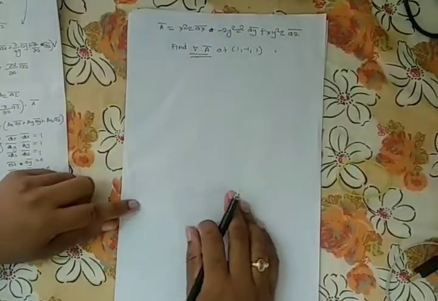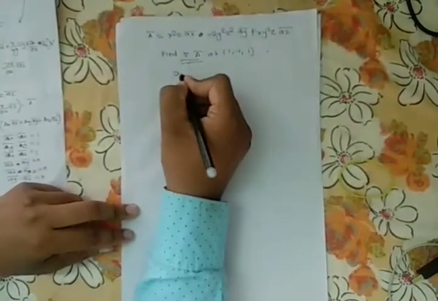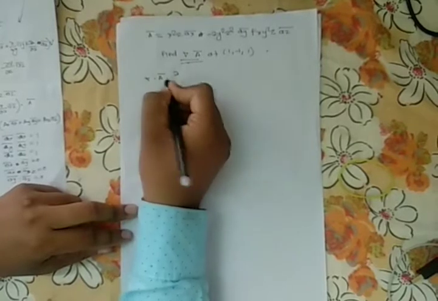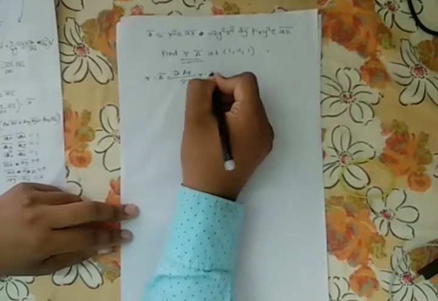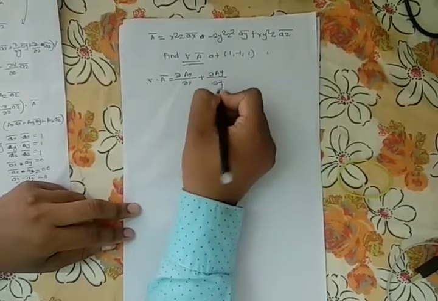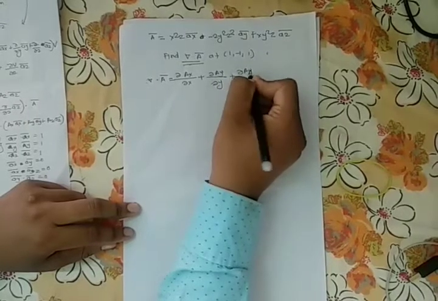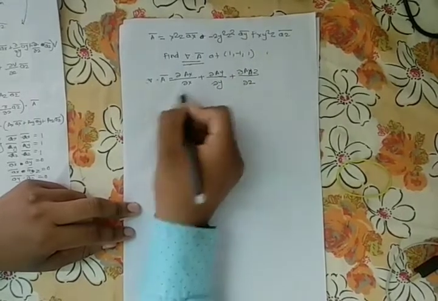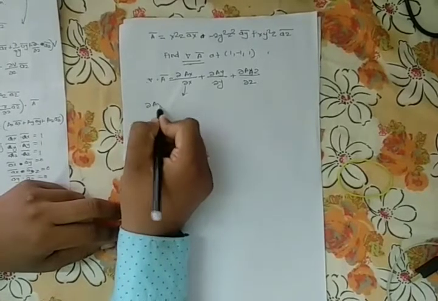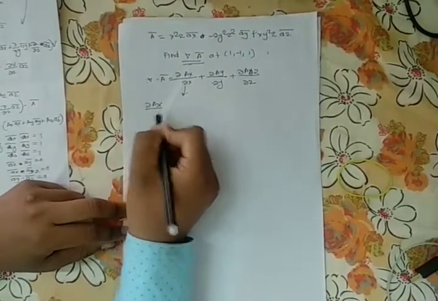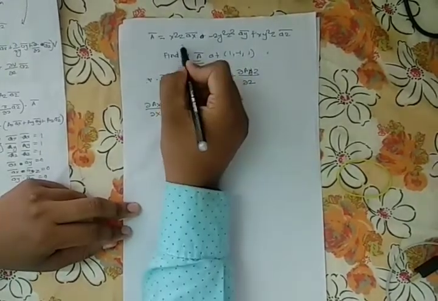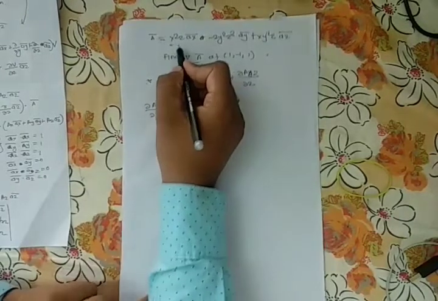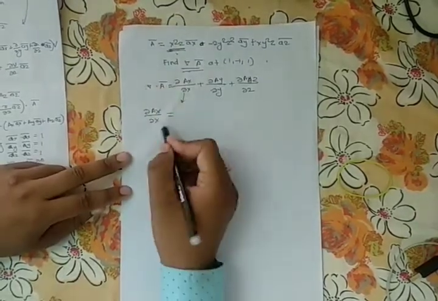So you can write del dot A bar is equal to, now one by one we have to solve this problem. First of all, I will solve ∂Ax/∂x. Means what? Only the x coordinate parameter we have to differentiate with respect to x.